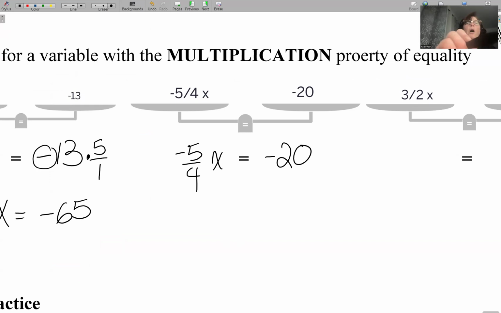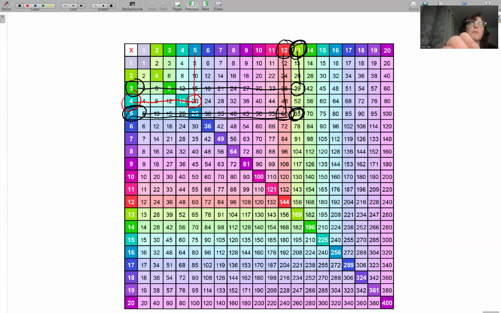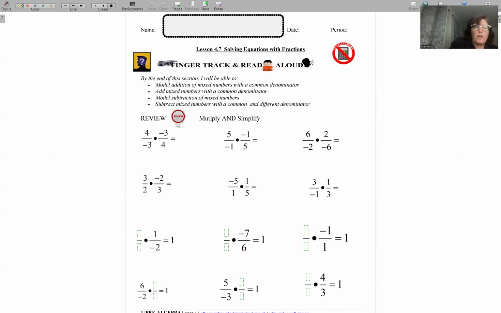Now you can see why we did this very first page where you did a bunch of reciprocals and you found that anytime you want to get a singular one, you multiply by the flip of it. So for example, that one was negative 25 over negative 25, which got you positive 1.